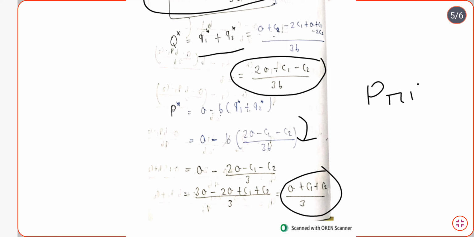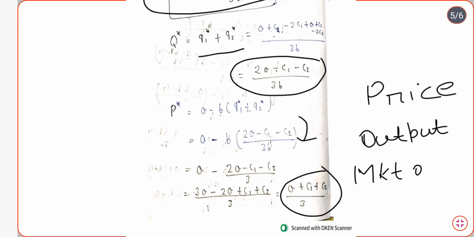Obviously, in the Cournot asymmetric cost approach, we have obtained the output of both the firms, the entire market output, and also the profit of both the firms. So this is the Cournot model in the asymmetric cost approach, where the costs or marginal costs are not equal.